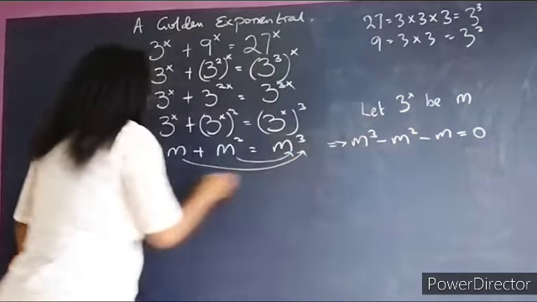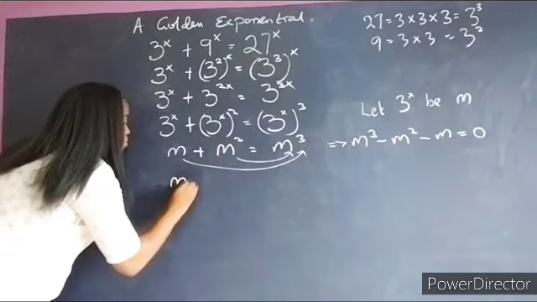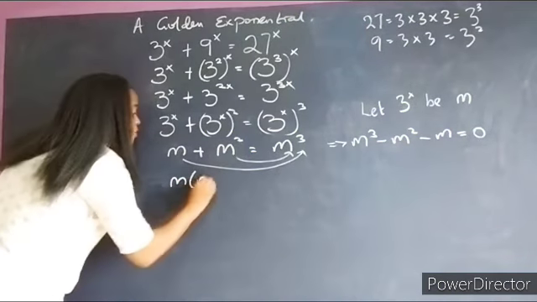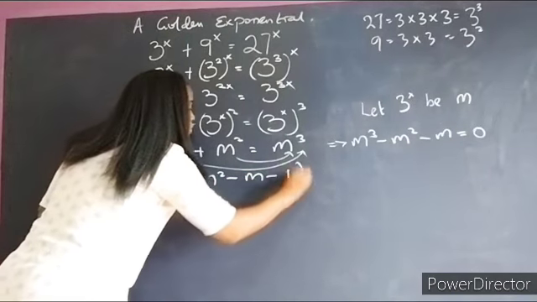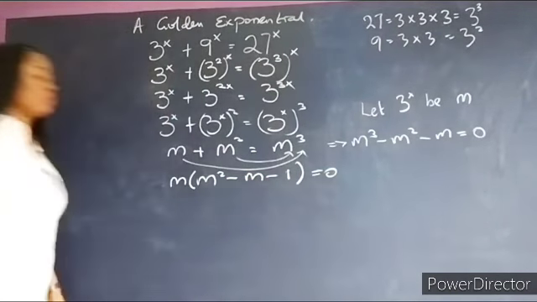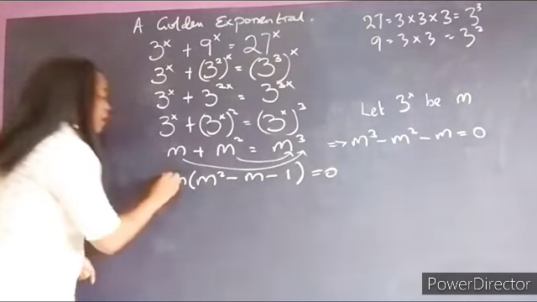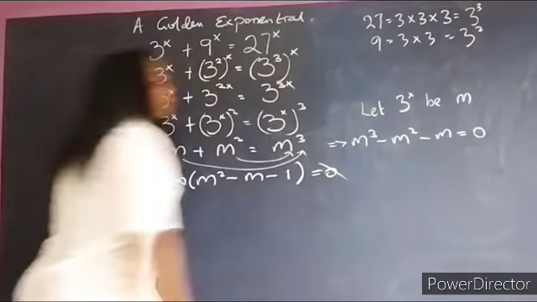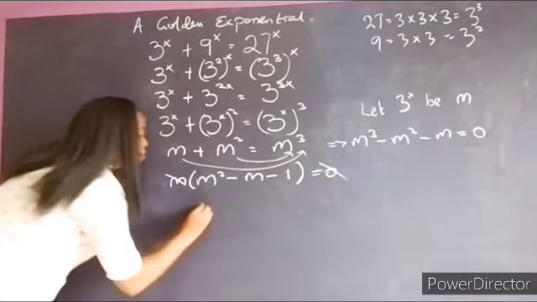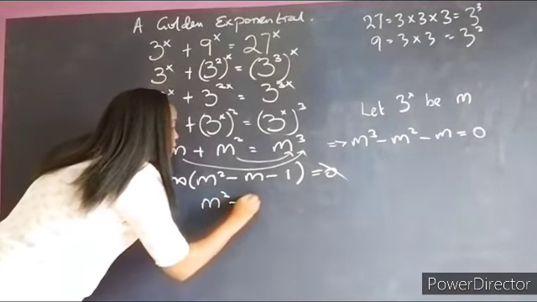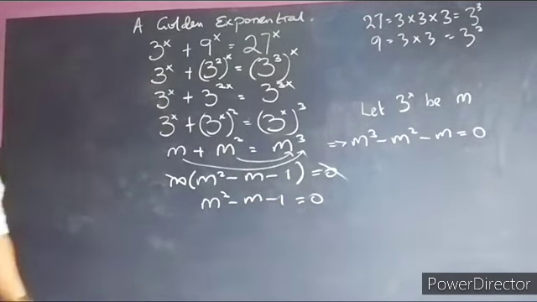So if you divide through by m, we'll come out having m squared minus m minus 1 equal to 0. This m on this side will be cancelled out and become 0.